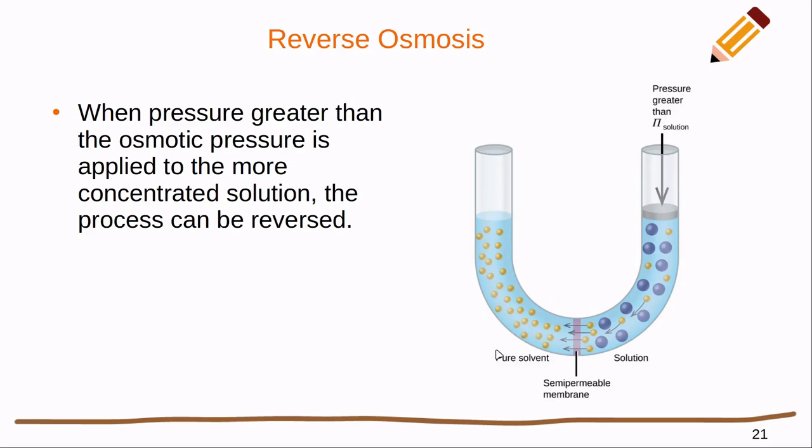Now, this tends to look a bit like filtration, but it is a little bit different. The big difference is that we still allow for there to be some solute molecules on this side, and this pressure is going to be less than what would be necessary to purely filter a solution.